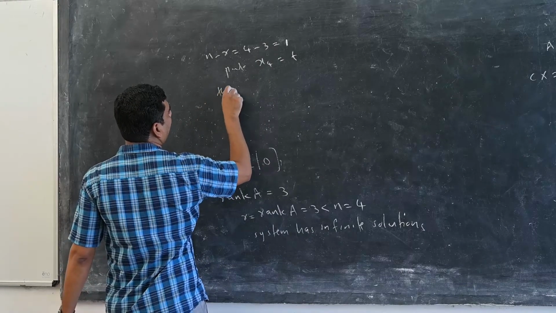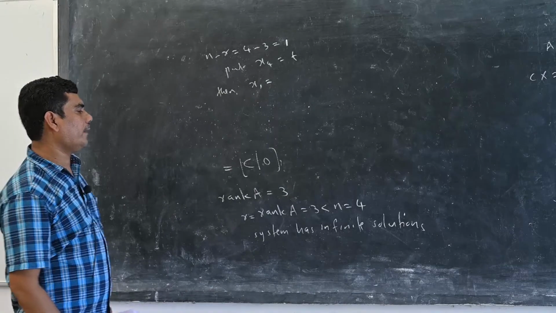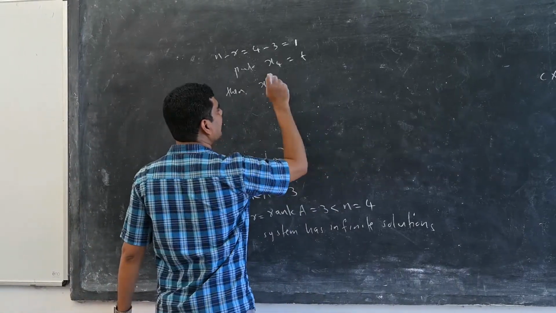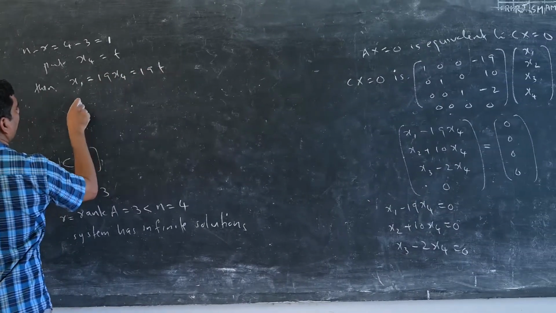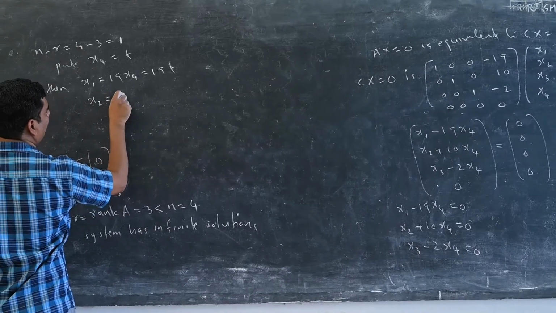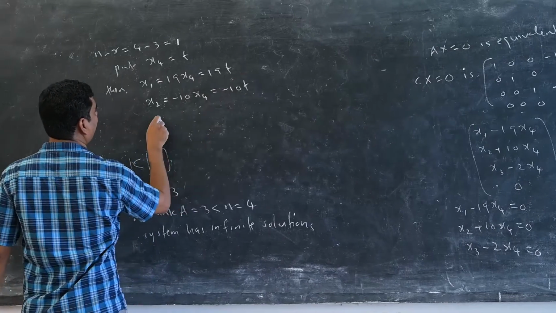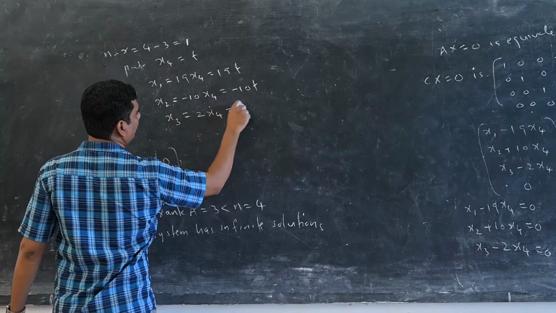Then x1 is 19 x4, it is 19t. x2 is minus 10 x4, it is minus 10t. x3 is equal to 2 x4, 2t.